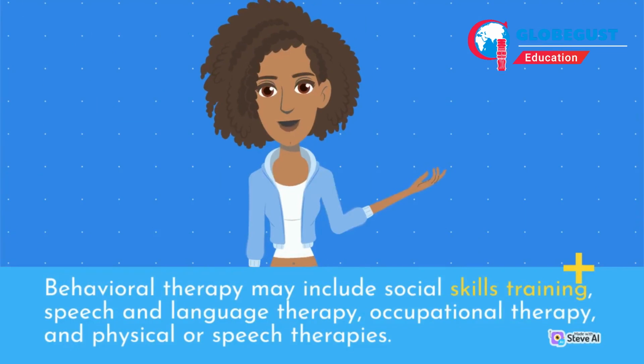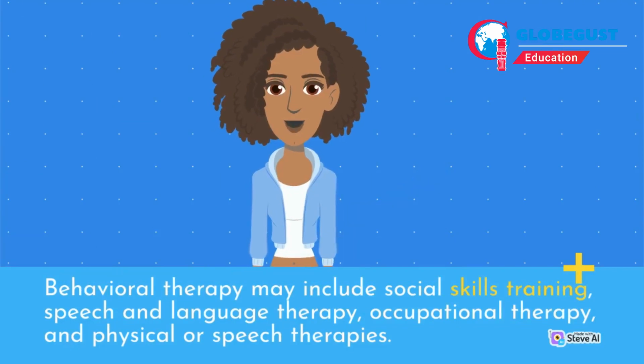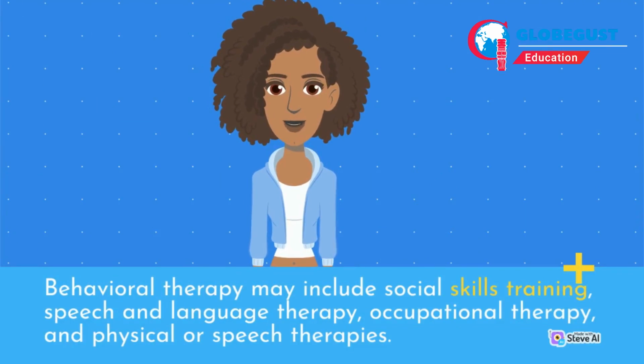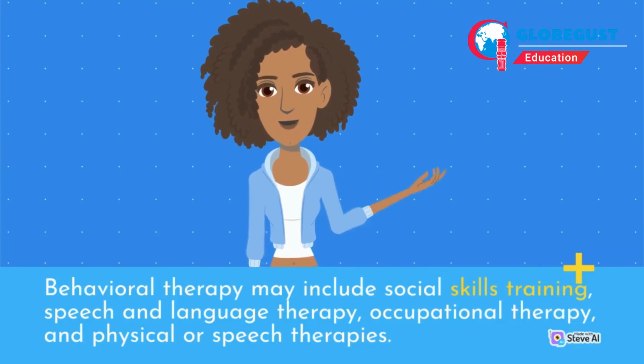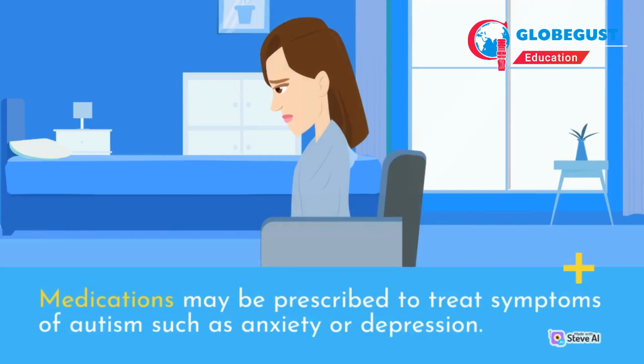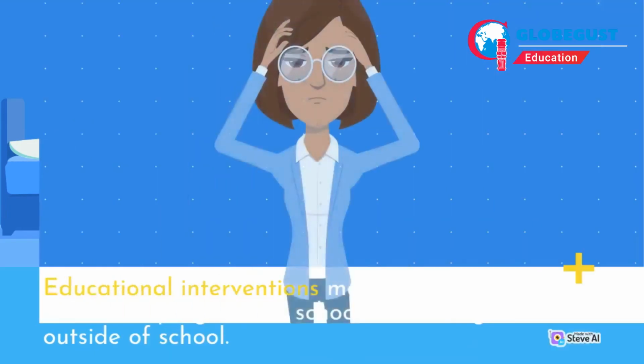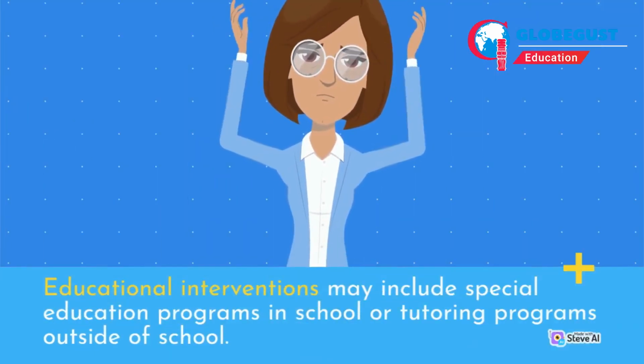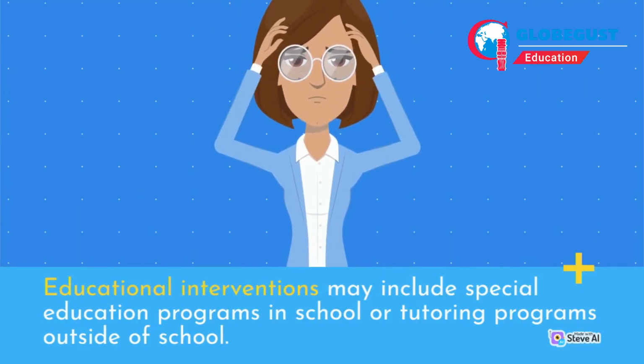Behavioral therapy may include social skills training, speech and language therapy, occupational therapy, and physical or speech therapies. Medications may be prescribed to treat symptoms of autism such as anxiety or depression. Educational interventions may include special education programs in school or tutoring programs outside of school.